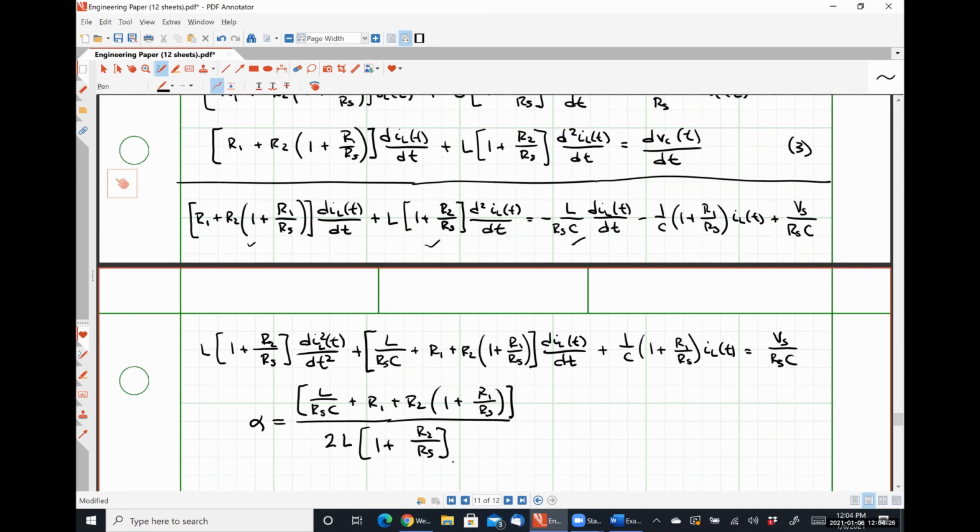So I just took this coefficient and then divided it by twice this one. That's going to give us alpha.